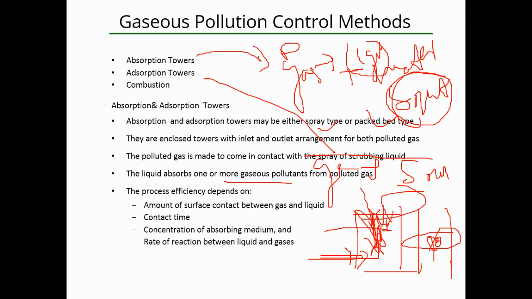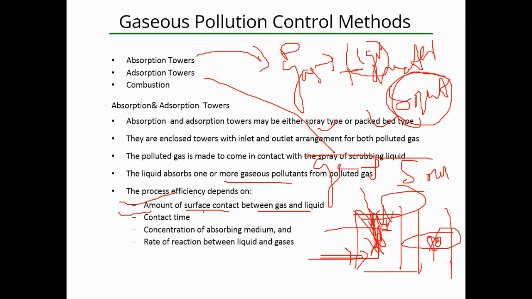Which liquid we use in the spray tower or absorption media depends on how well the gaseous pollutant can be absorbed in that liquid. So the process efficiency depends on the amount of surface area, which I have already discussed. When the gas and liquid surface area is more, the absorption is more.